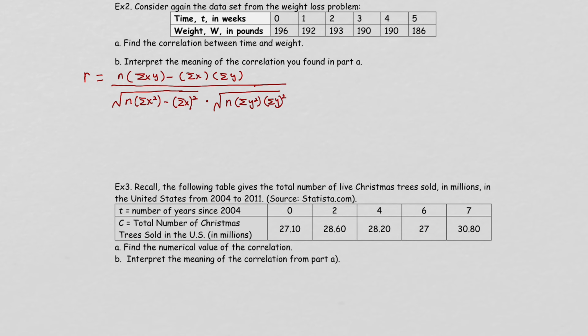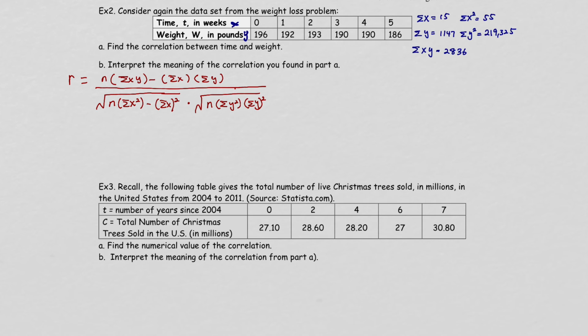And in order to find the linear regressions, we found all these values before: summation of xy, summation of x squared, summation of y squared. So that's what we're going to use.